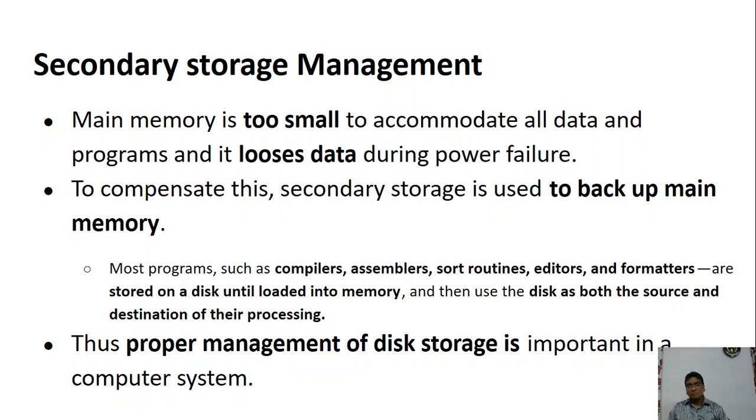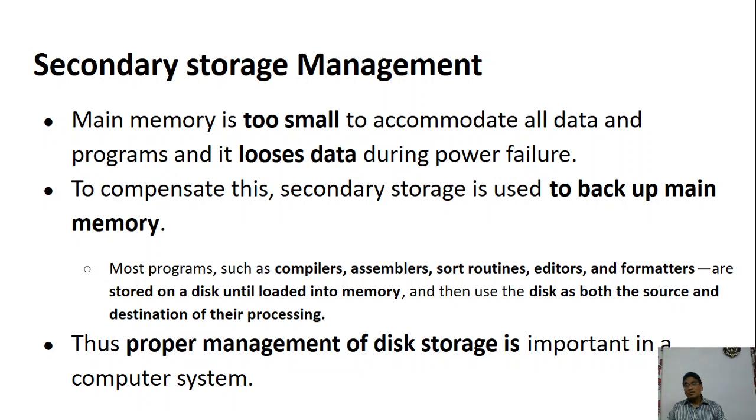There is no comparison between your RAM and hard disk. Hard disk is 1024 GB, whereas your RAM is 4 GB. There is no comparison at all.